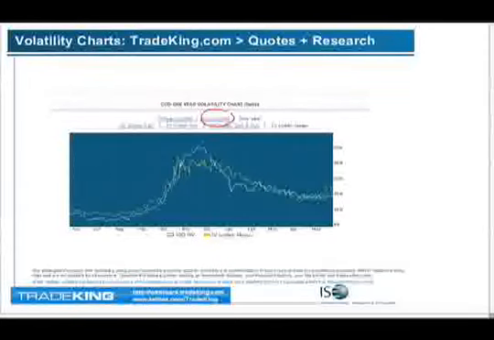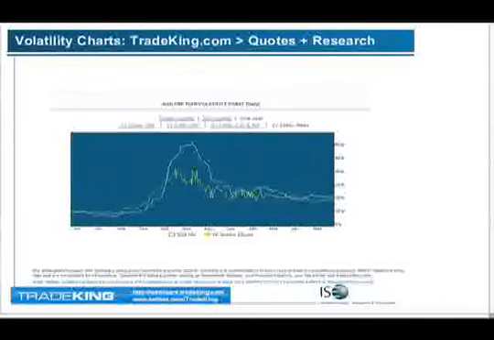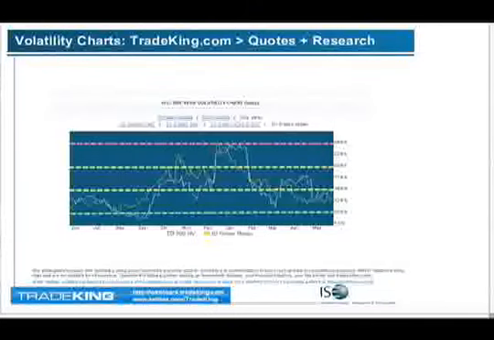I just want to make sure I clarify something that I don't think I explained fully. So here we have our thirds, right? This was the Swiss franc here. So what we were saying was that volatility is in this area right now.